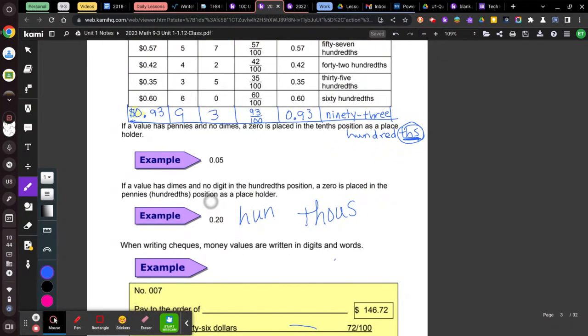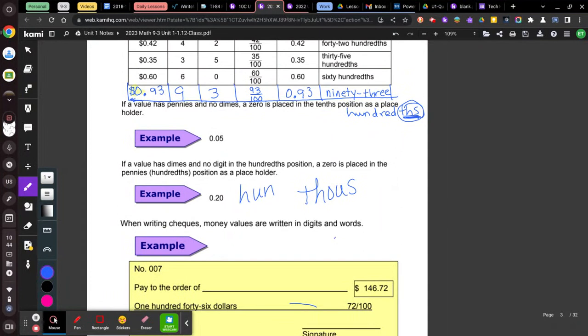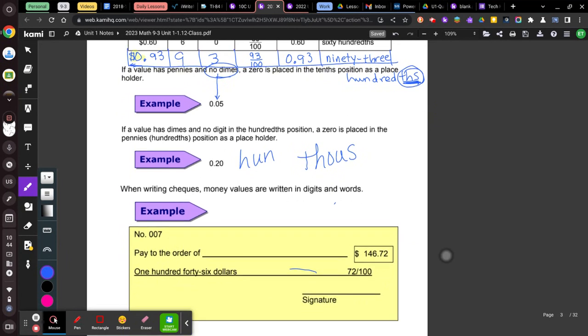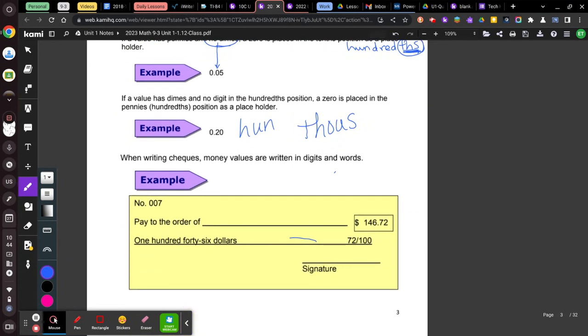Okay, so continuing on, it says, if you have only pennies and no dimes, you're going to see a 0 there. So if you have no dimes, you put a 0 there. Okay, so no dimes is a 0. The next one, what if you don't have any pennies left?